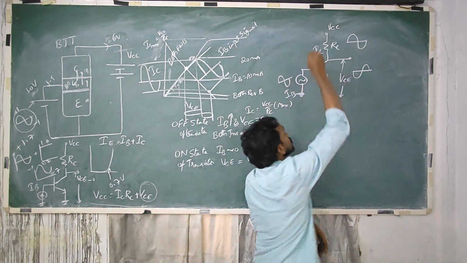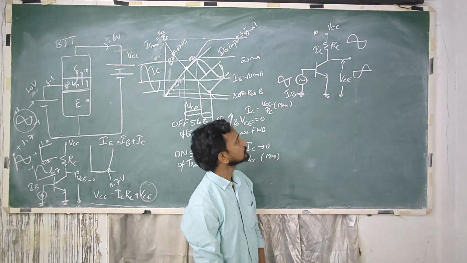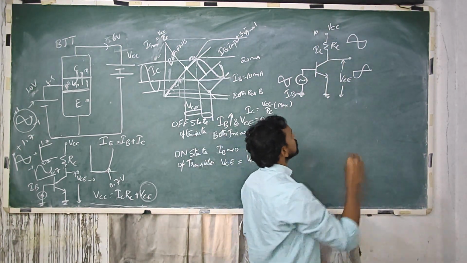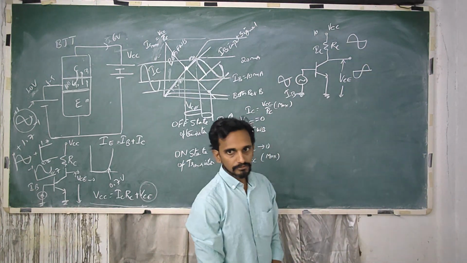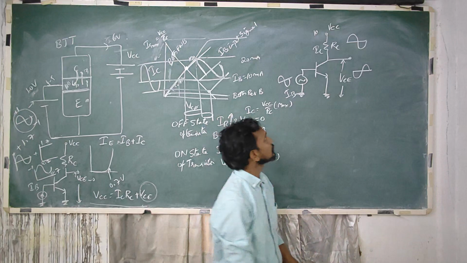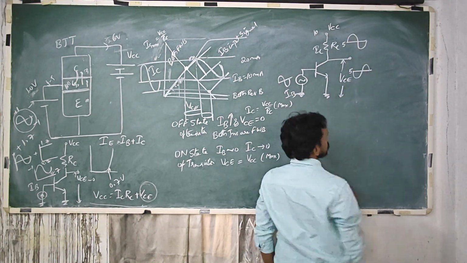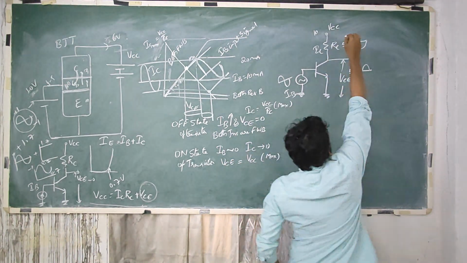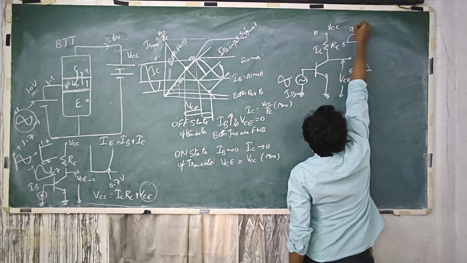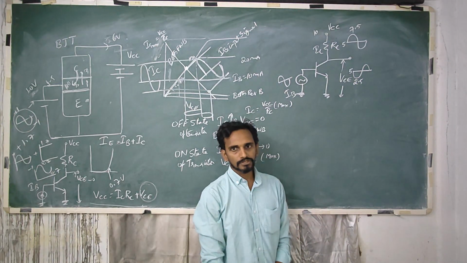Let's say this is 10 volts. This total should be 10 volts always. So let's say this is 5 volts, this is 5, total is 10. This is 7.5, this is 2.5, total is 10.